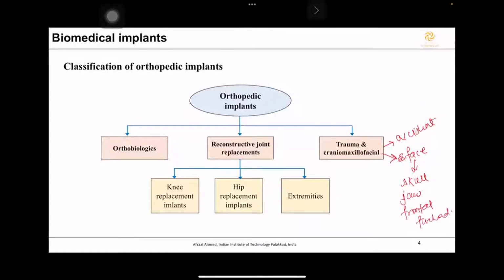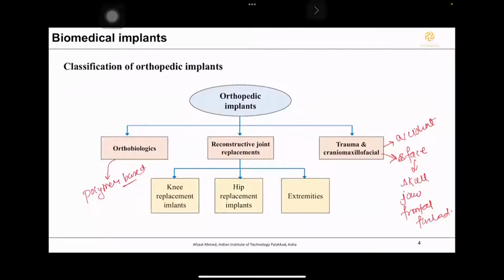So these are the major implants related to craniomaxillofacial. Orthobiologics, we will not go into details. These are polymer-based implants, and we are not talking about polymer in this talk.